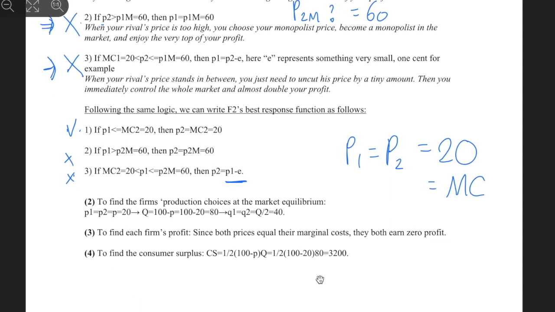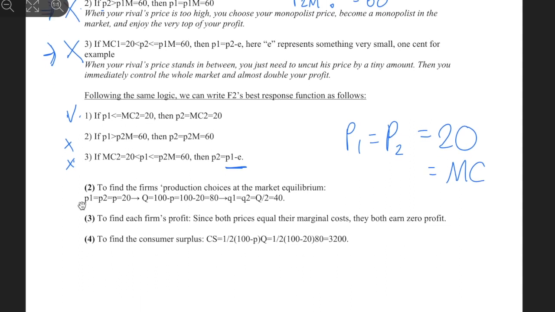But let's see. So here we have P1, P2 equals 20. So what is the Q? In this case, Q equals 100 minus P. Where does this come from? This is from our demand function of P equals 100 minus Q. Now we're reversing it, right?